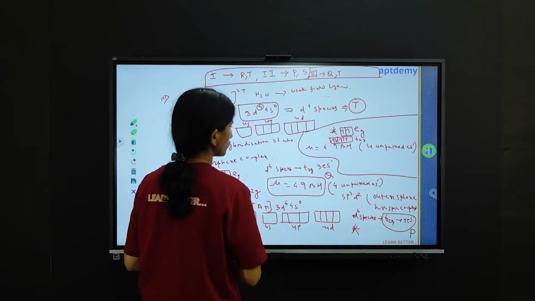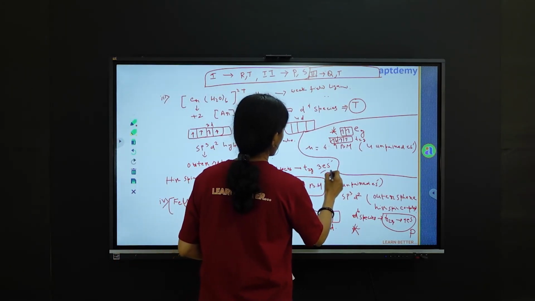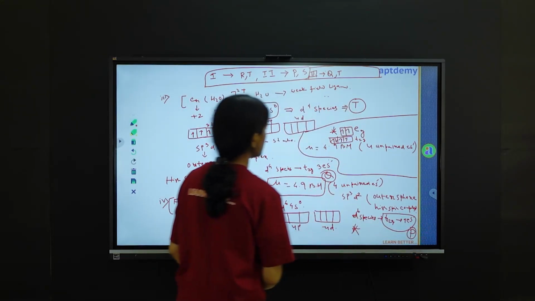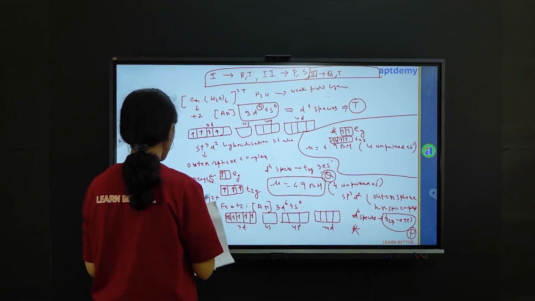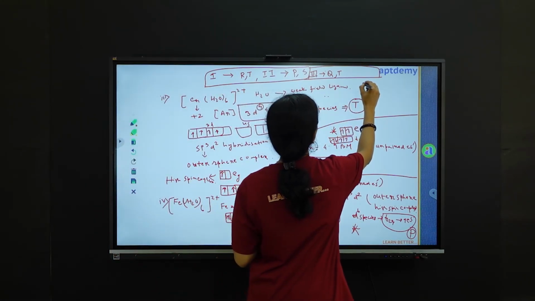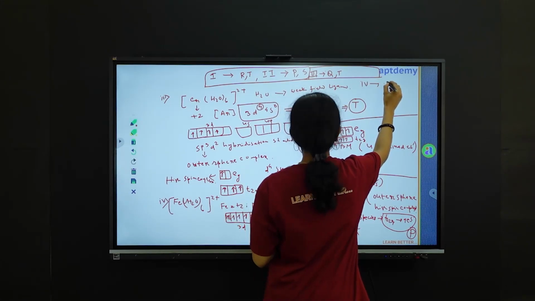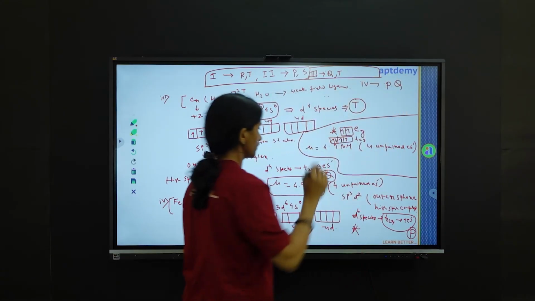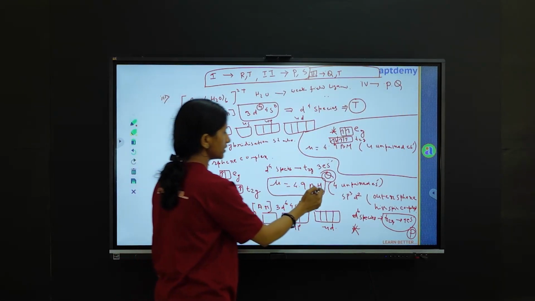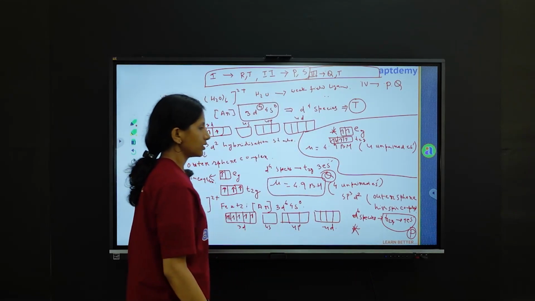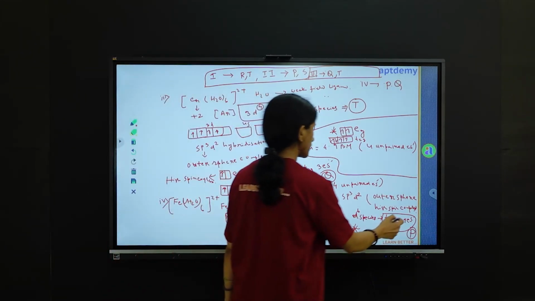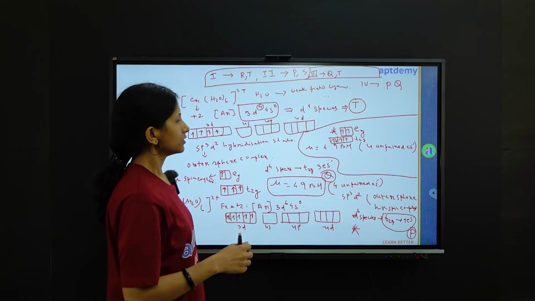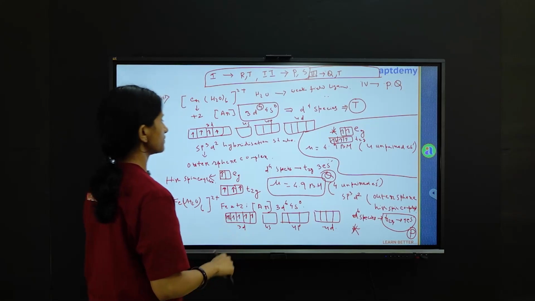So the last one, that is our complex ion 4, is matching with P and Q. As given here, mu is 4.9 BM and t2g is having 4 electrons, that is, this is actually matching the property which is presented as P.